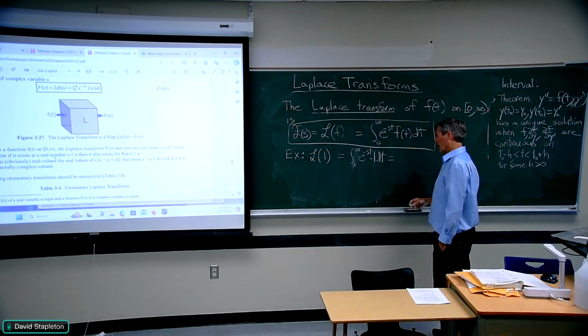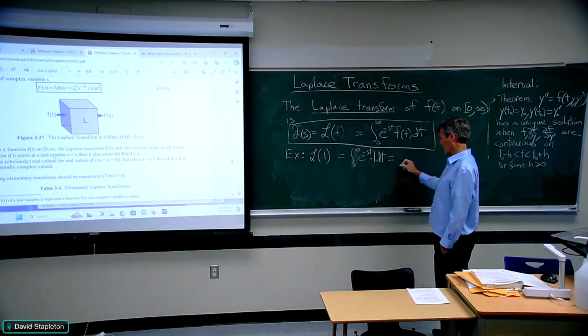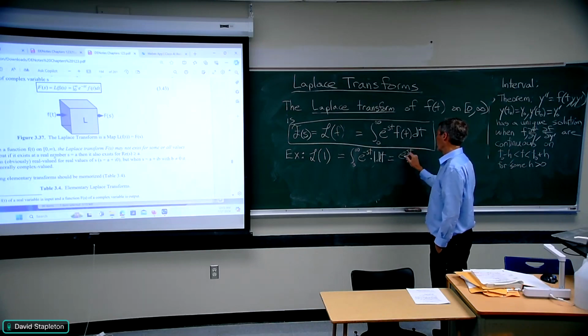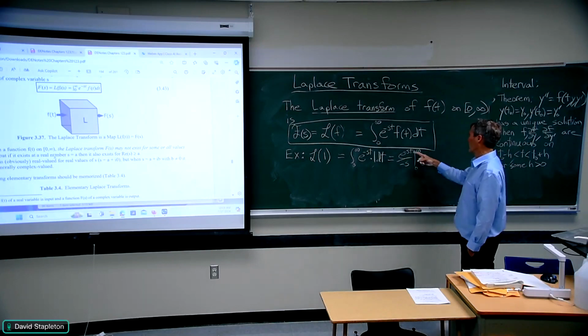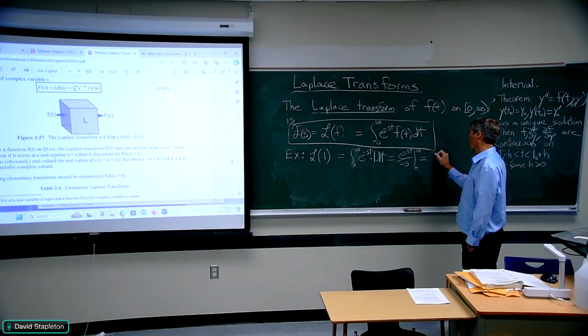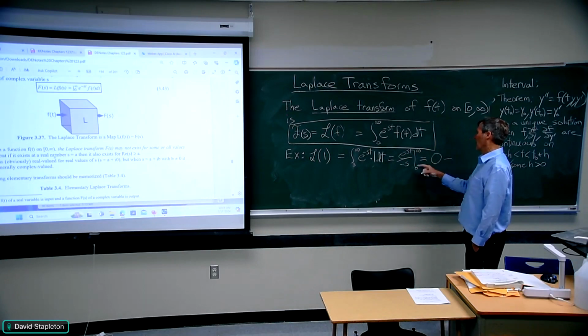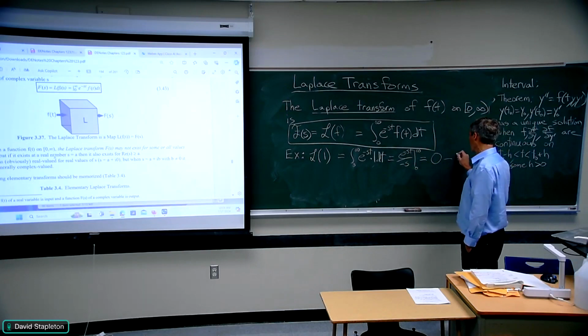It's e to the minus a constant times t, which is e to the constant times t over the constant. And then we just have to evaluate that from 0 to infinity. As t goes to infinity, assuming s is greater than 0 at least, this decays off to 0, and so we get 0 at the top. And then at the bottom, we plug in 0, and we get e to the 0 over minus s, which is 1 over minus s.